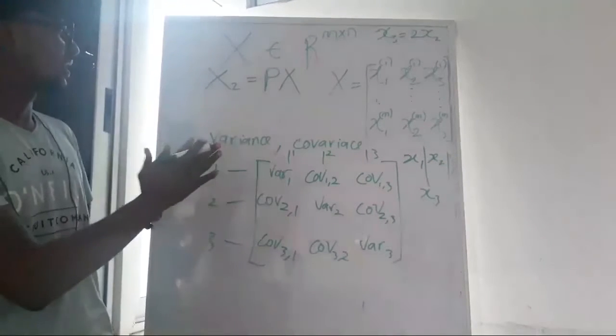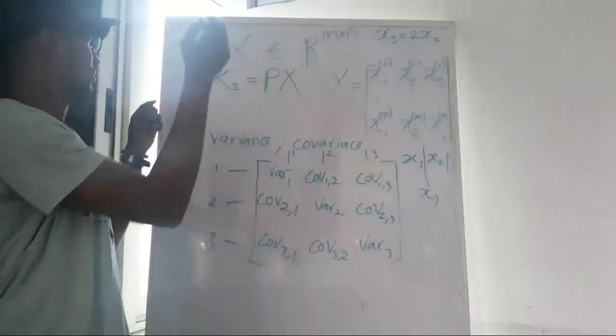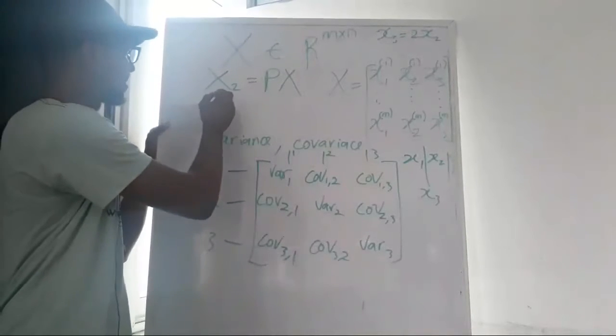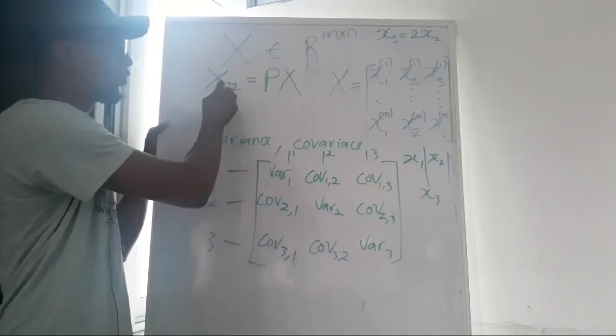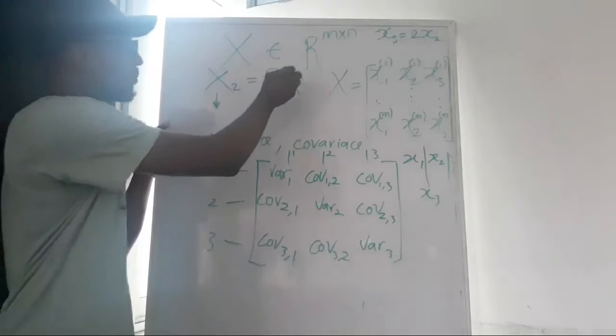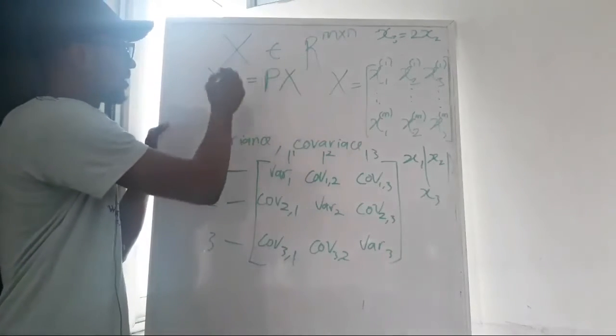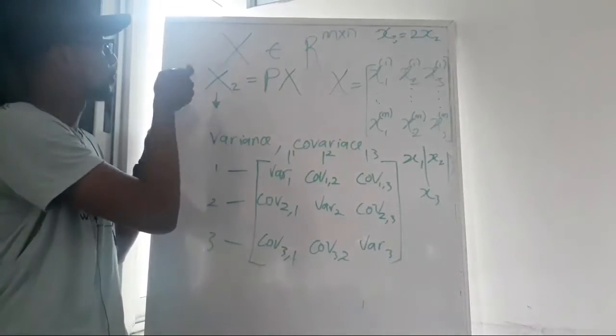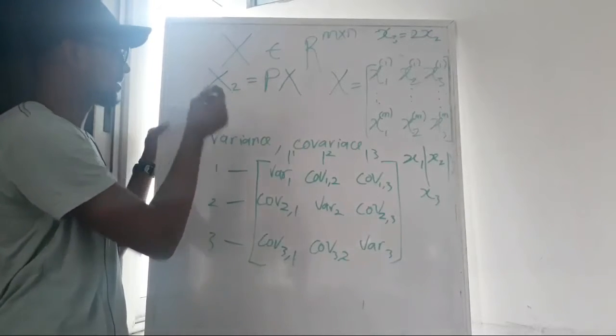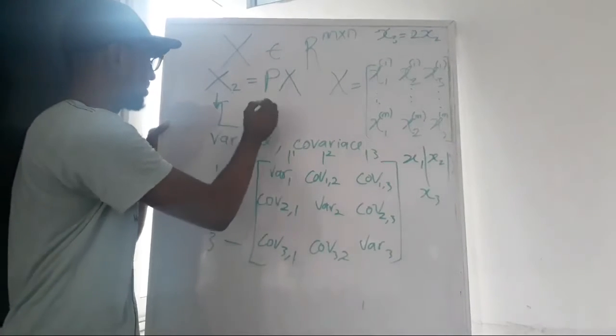So what we do here is to find x2 that will have a covariance matrix. When we apply this transformation, the x2 that we have should have a covariance matrix that is something like this.